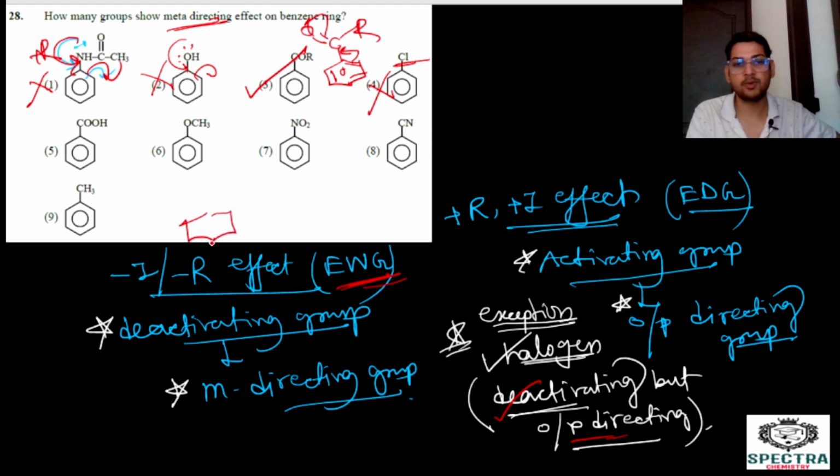COOH, I know, sir. C double bond OOH. That means it will withdraw electrons. Withdrawing electrons means meta. That means my answer. Sir, OCH3, oxygen lone pair, it donates. Sir, it is ortho-para, not my answer. NO2 is the most deactivating.